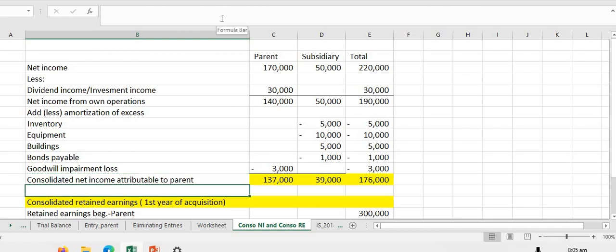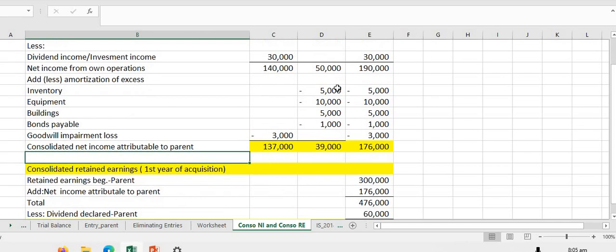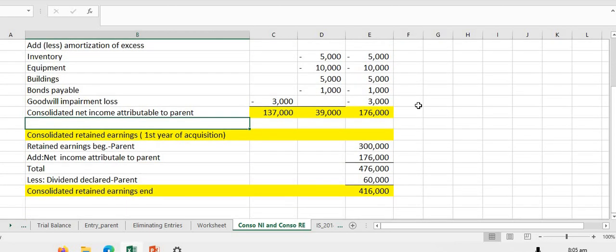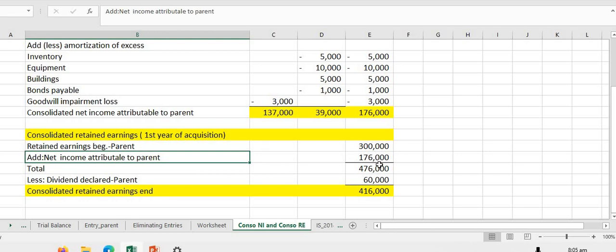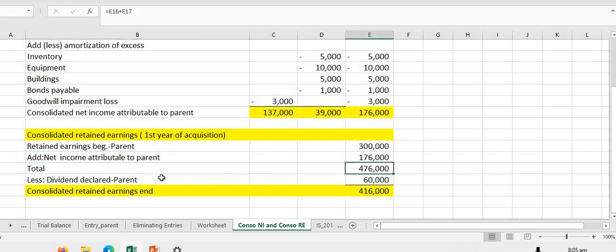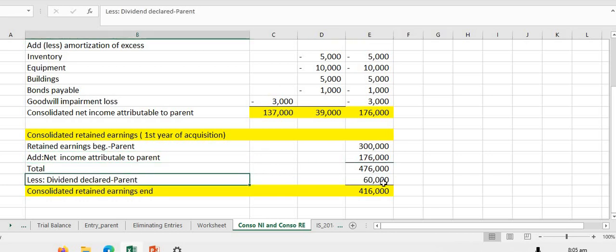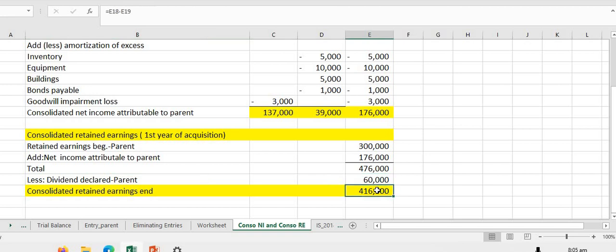Okay, also to compute for retained earnings, actually it's the same with the statement of retained earnings in the worksheet. So yung retained earnings beginning of the parent at 300,000 plus net income attributable to parent na 176,000, and then less dividends declared of 60,000, you have 416,000. Okay, as your retained earnings end.